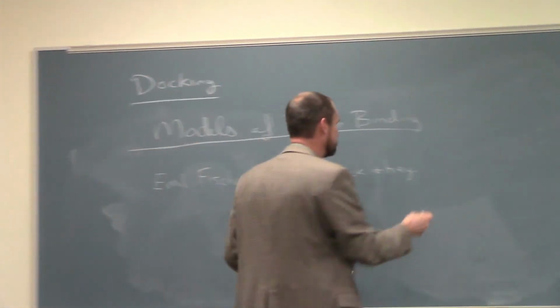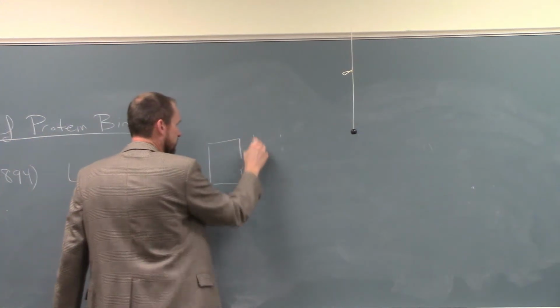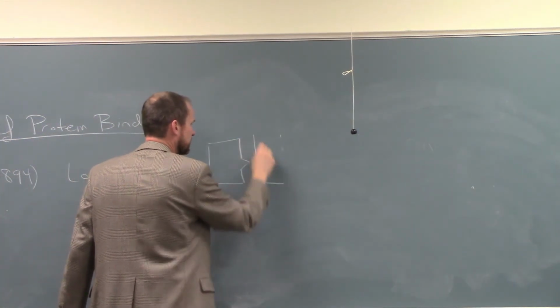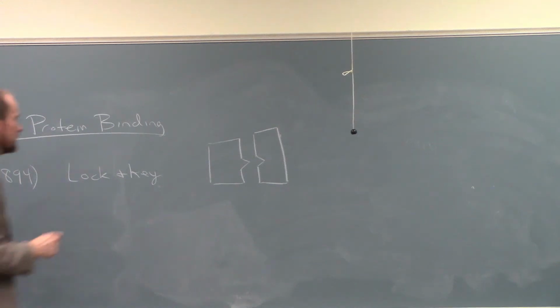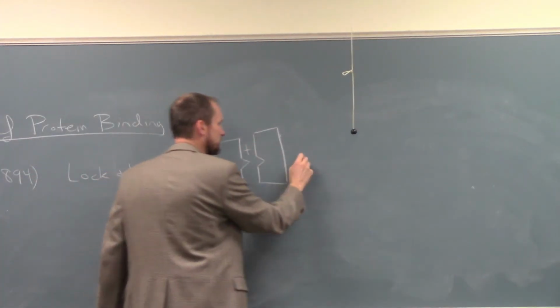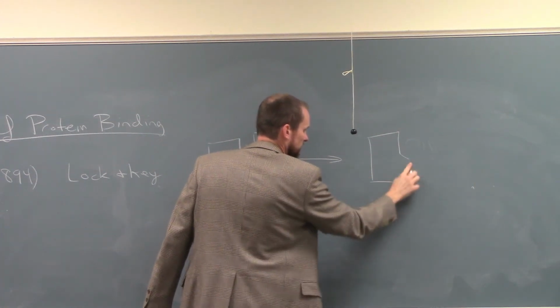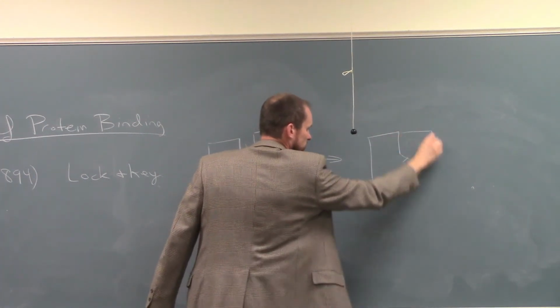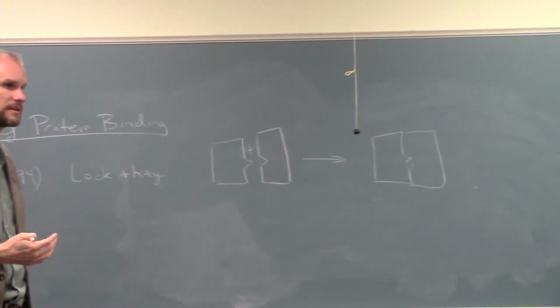You have an enzyme and its inhibitor, and they have complementary shapes, and put those together, and they dock. And the shapes just match up like a key and a lock, they just match.